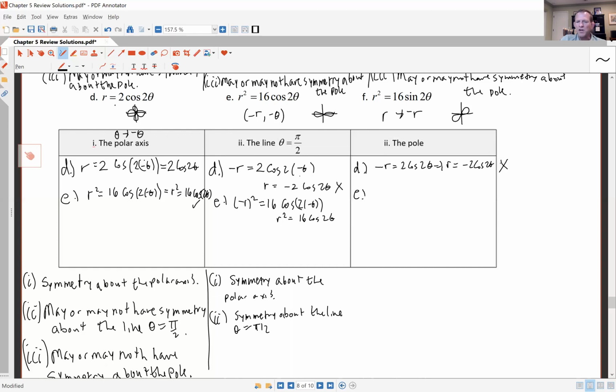The last one, we change r to negative r, and we're squaring that r. That becomes r squared equals 16 cosine 2 theta. That equals the original function. So we have symmetry about all three of them this time. Symmetry about the polar axis, the line theta equals pi over 2, and the pole.